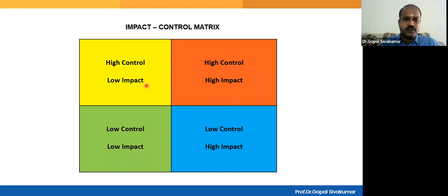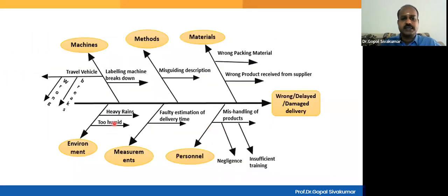Similarly, certain factors may have high impact, but very low control. For example, see here, there is a heavy rain. If there is a heavy rain, then due to the environmental situations, the chance that it can get easily damaged. But then at the same time, do you have control?